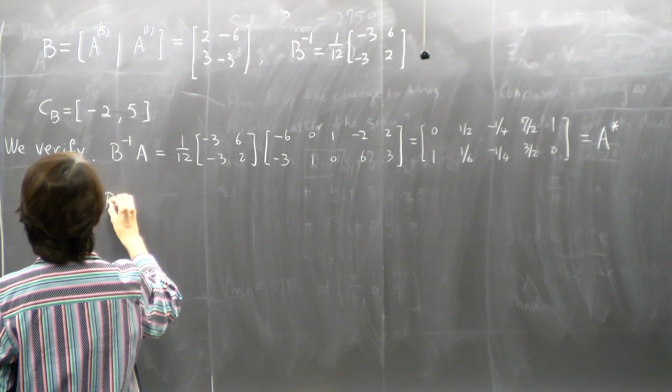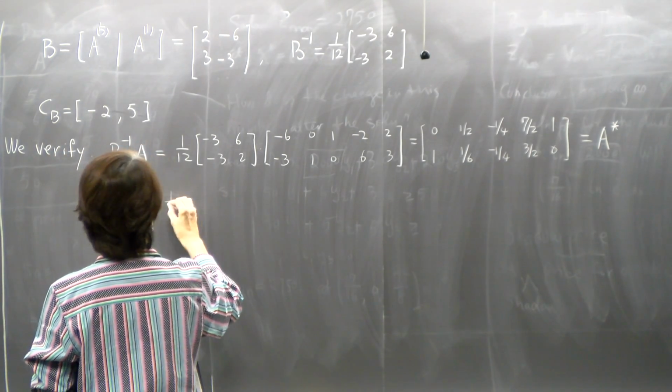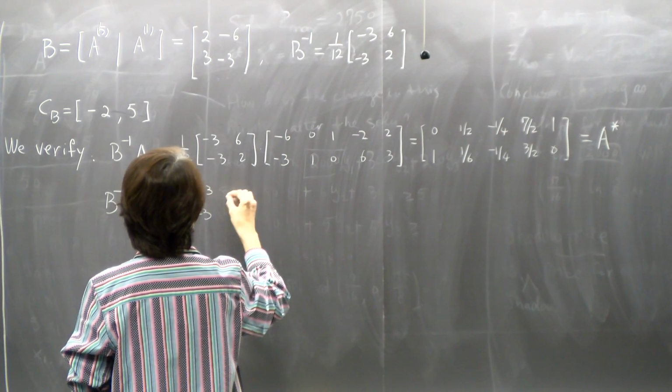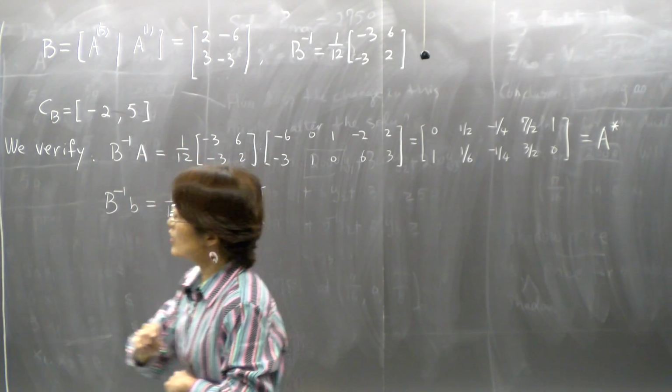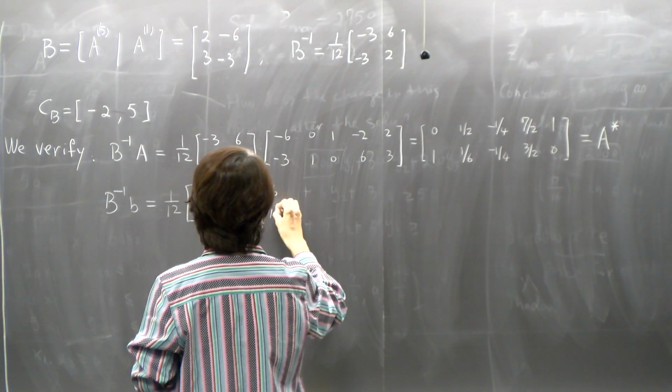So what is B inverse times B? So 1/12, -3, -3, 6, 2. And where do I find the B? Well, it's the right-hand side, right? 6, 15.